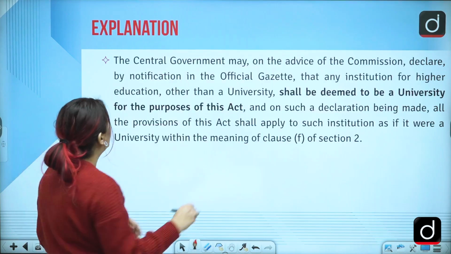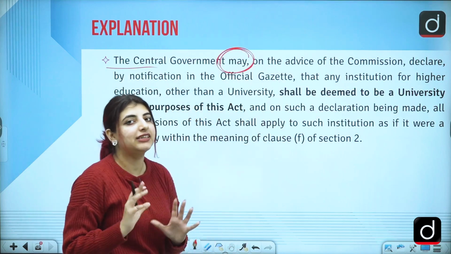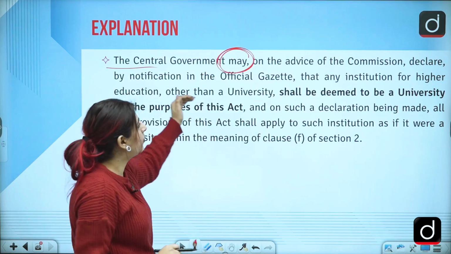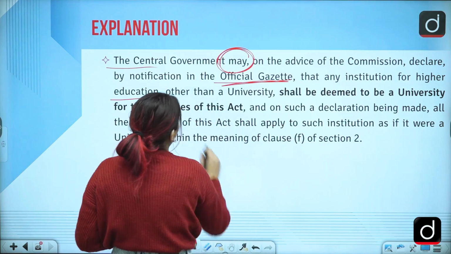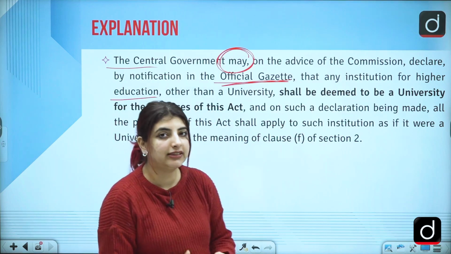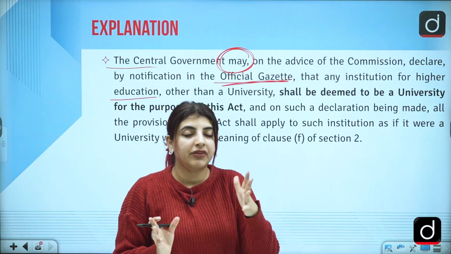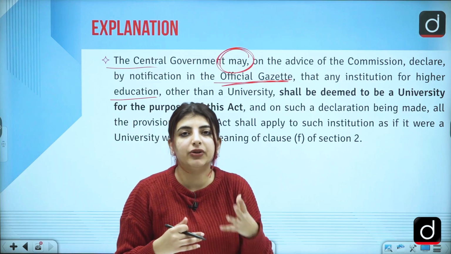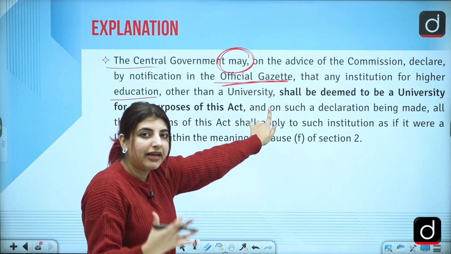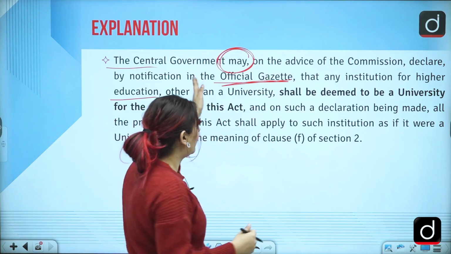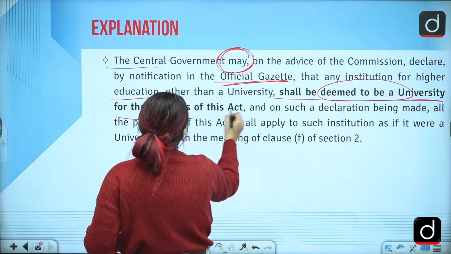The central government may, on the advice of the commission, that is the UGC, declare by notification in the official gazette that any institution for higher education other than a university, on the advice of the UGC, shall be deemed to be a university for the purposes of this Act.